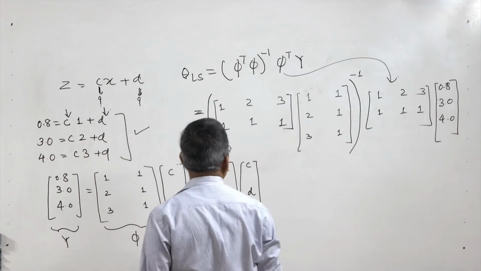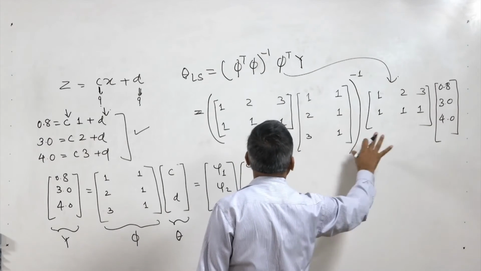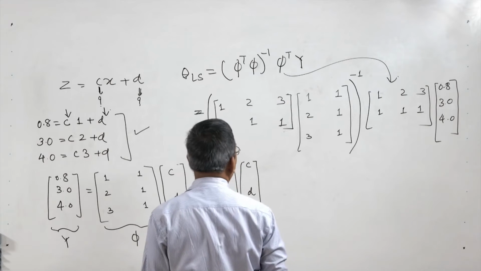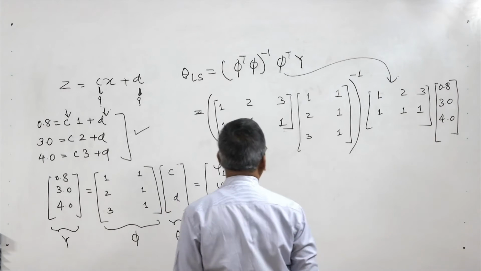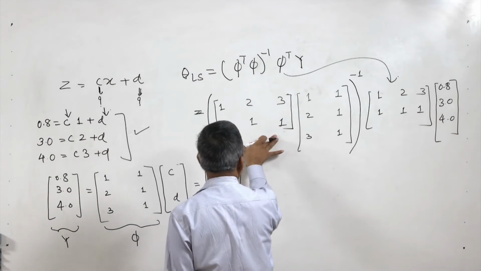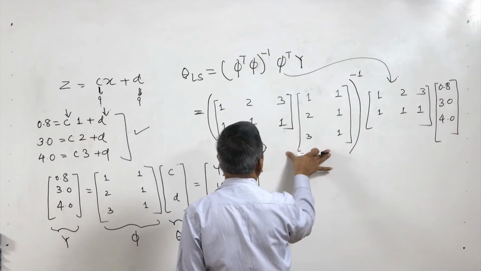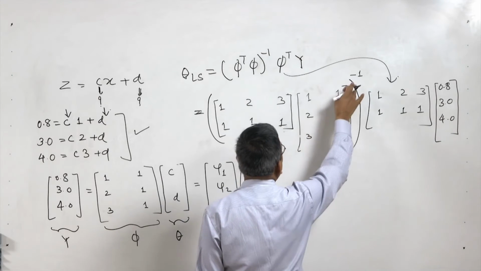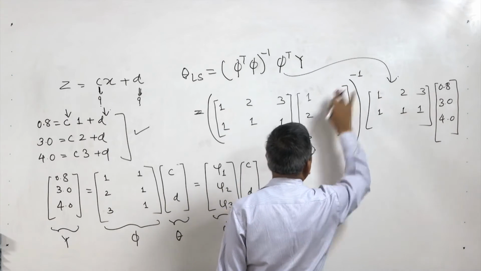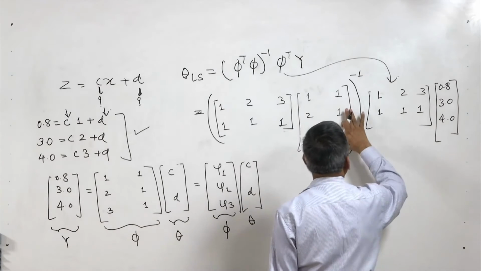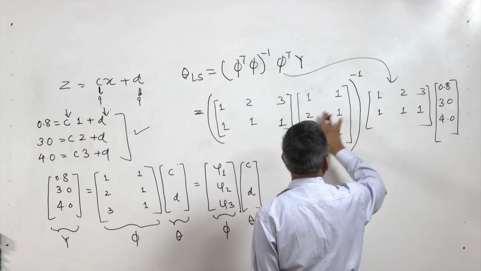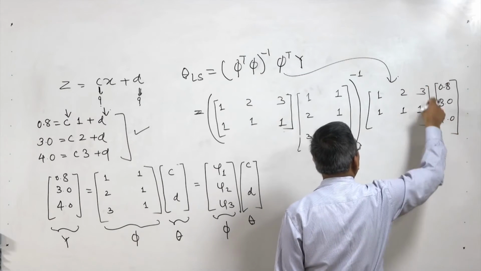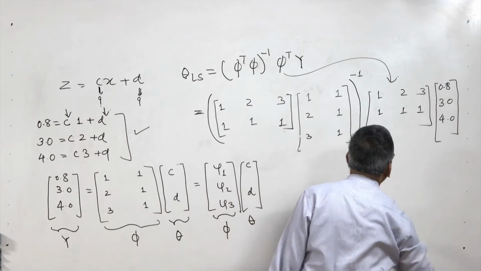So, this way I complete this one. Now, what we can do is multiply these two matrices, and whatever result comes, I take the inverse of it, and then I multiply these two matrices again, and whatever is there is multiplied with this column vector.